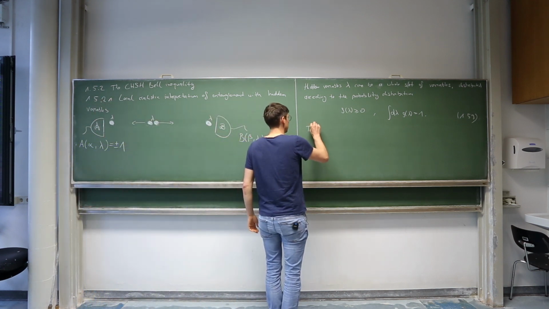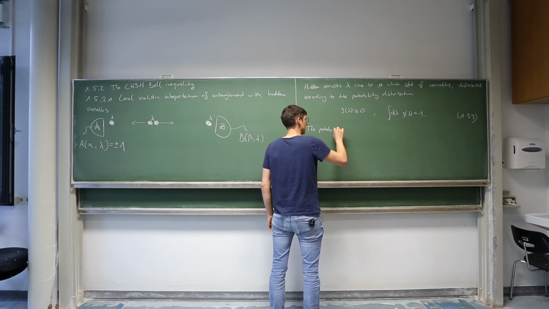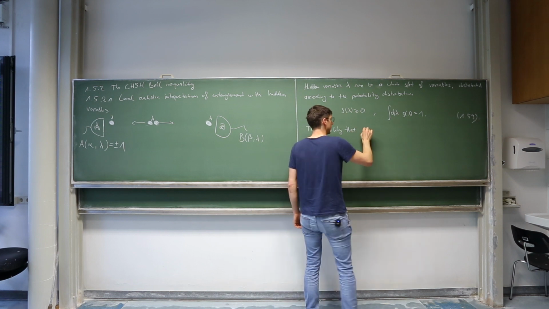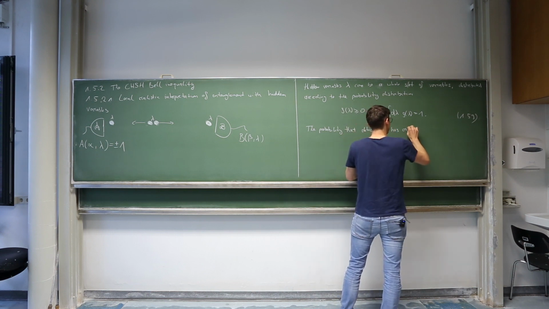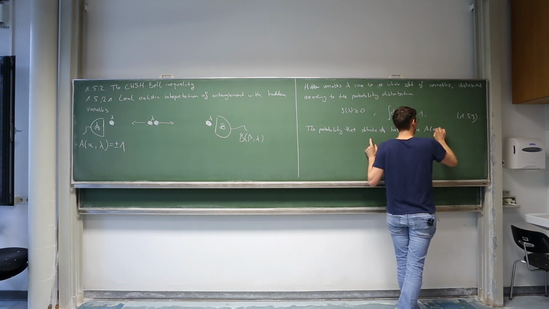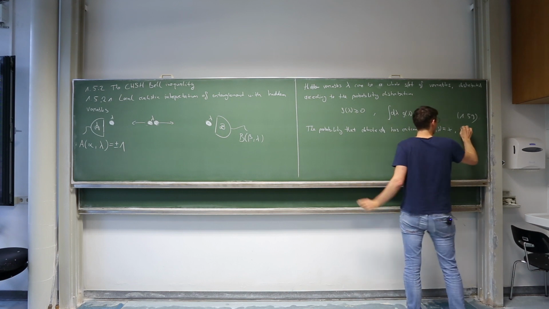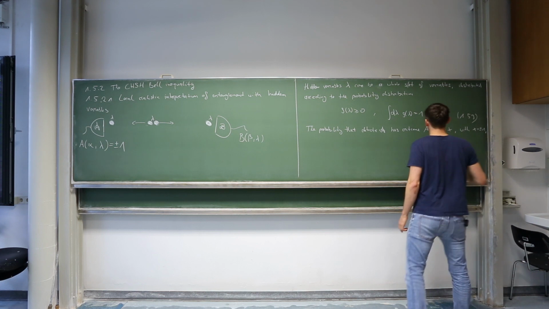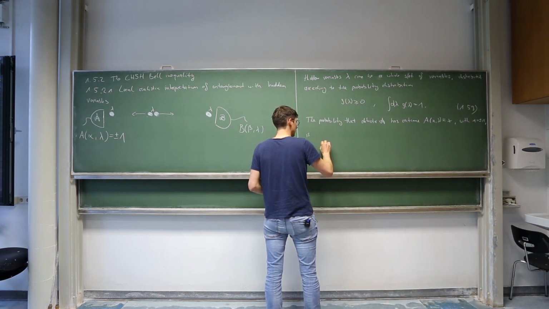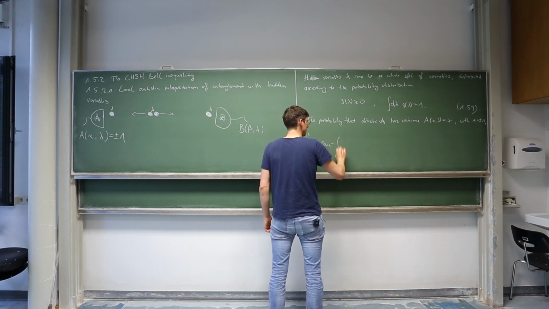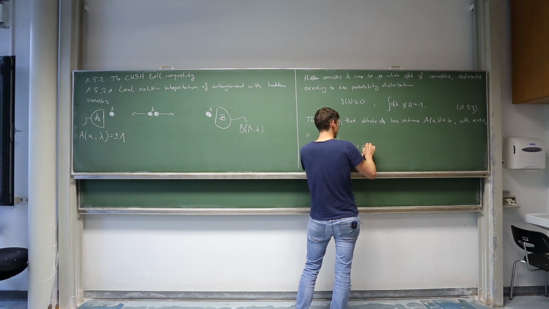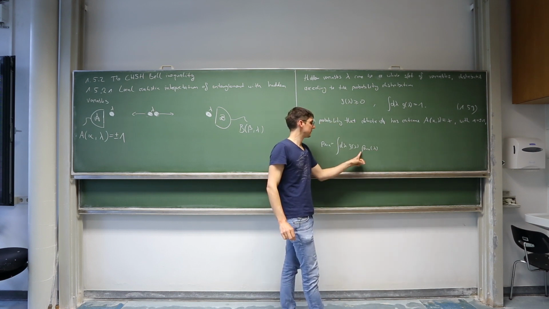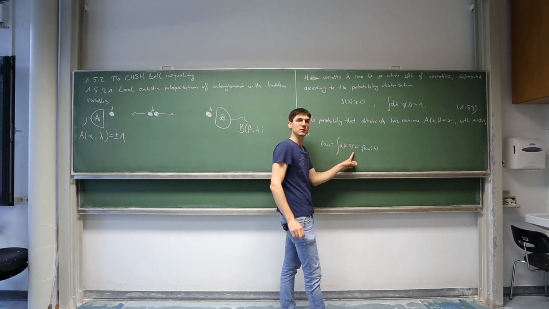The probability that detector A has outcome A of alpha, lambda equal to x, with x equal plus or minus 1, is given as an integral of the probabilities that I get the outcome x for some hidden variables lambda, integrated over lambda with the distribution.